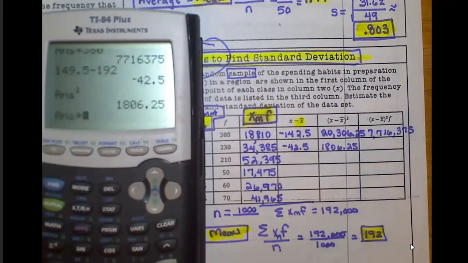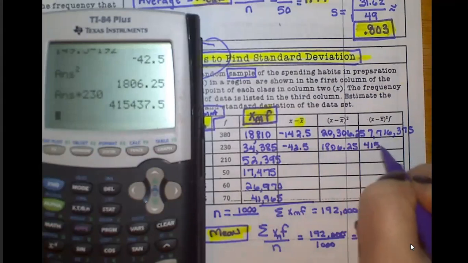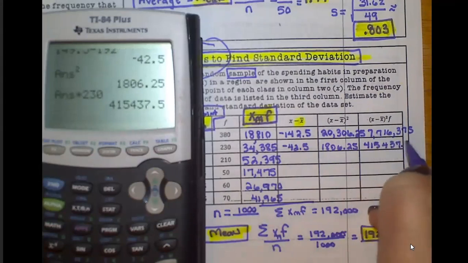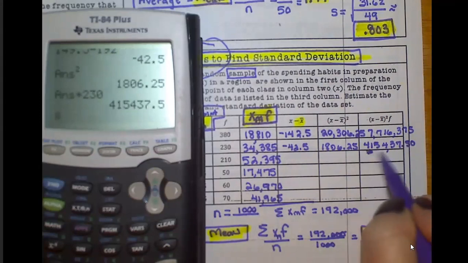I'm going to multiply it by the frequency. This time was 230. So that was 415,437.